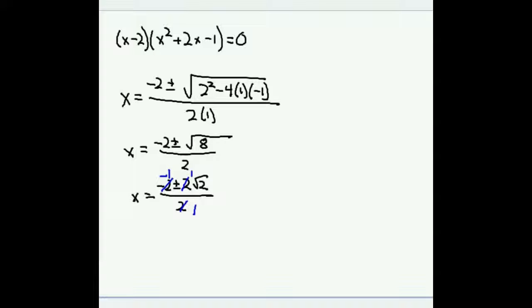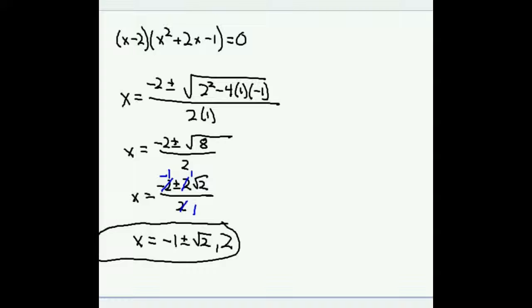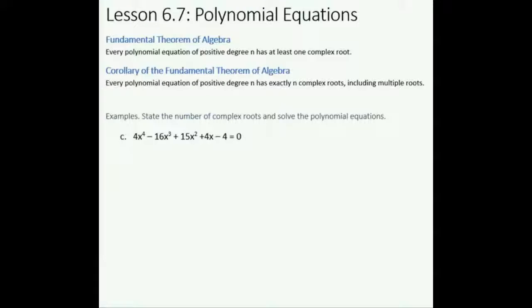We end up with x equals negative 1 plus or minus root 2. And so we have our 3 answers. So there's 2 of our answers, and then our other answer was 2. So here are the 3 complex zeros for this equation that we solved.